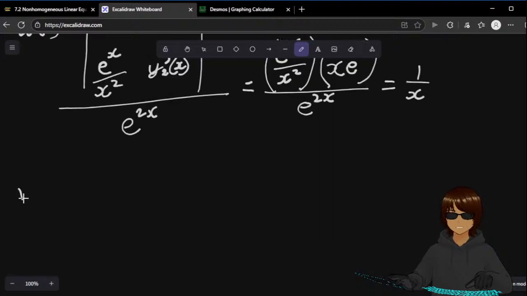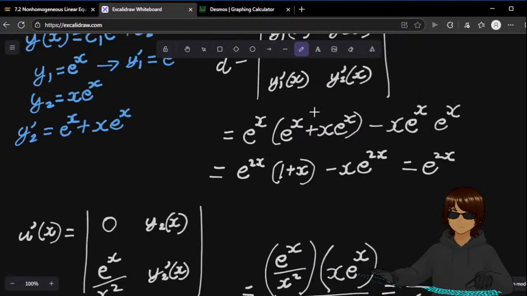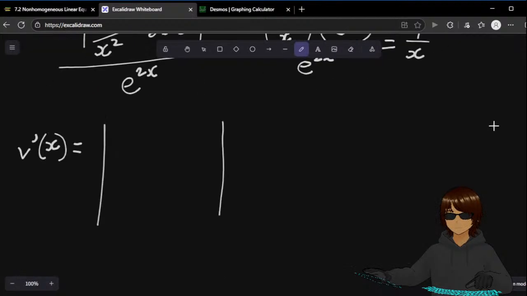Now derivative of v is, this time the result is at the back and the first coefficient is in the front. So y1 and 0.